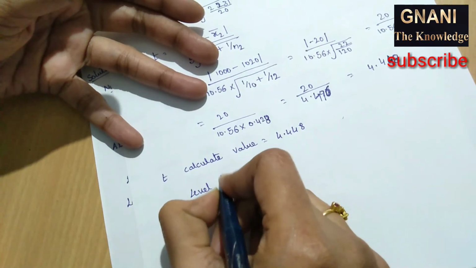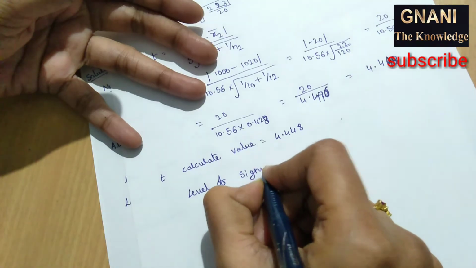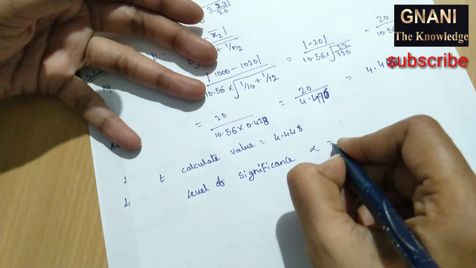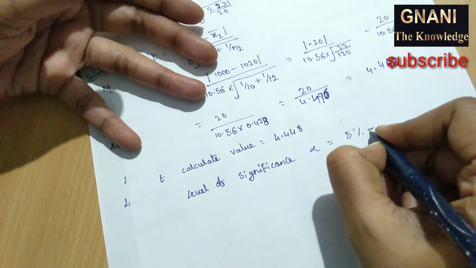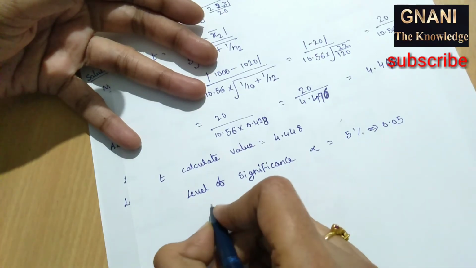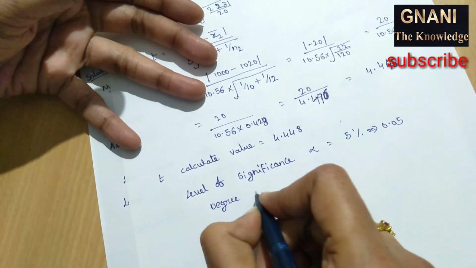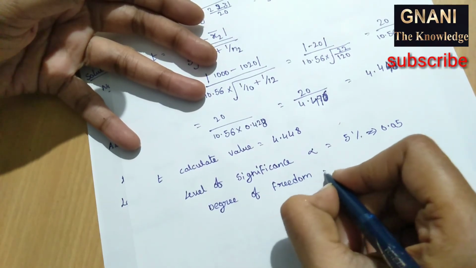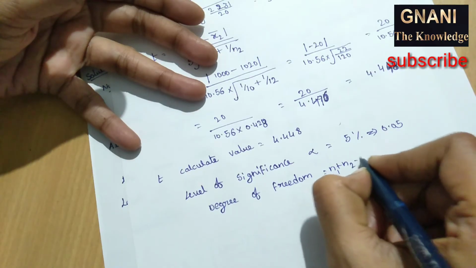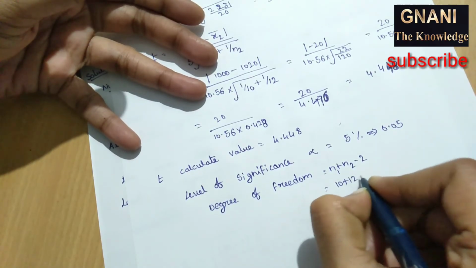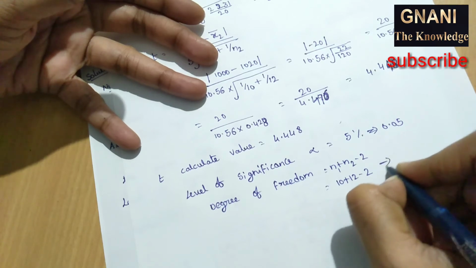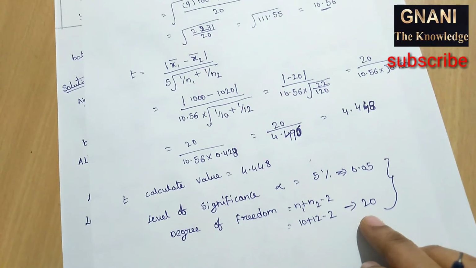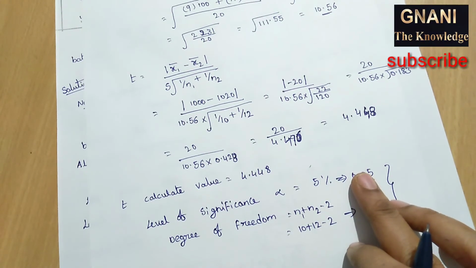The level of significance alpha equals 5%, that is 0.05, and degree of freedom equals n1 plus n2 minus 2, that is 10 plus 12 minus 2, 22 minus 2 equals 20. We look at the table value at degree of freedom 20 and level of significance 0.05.